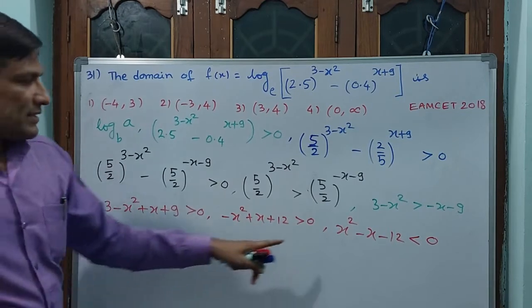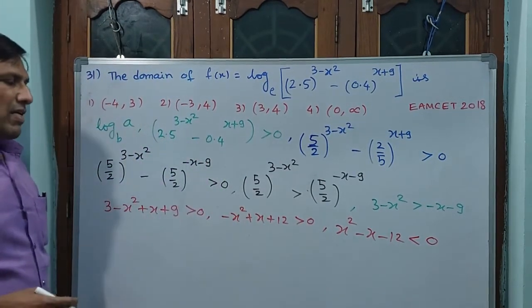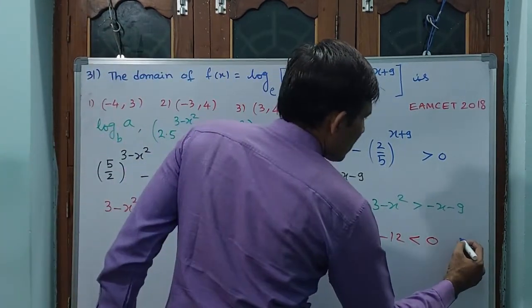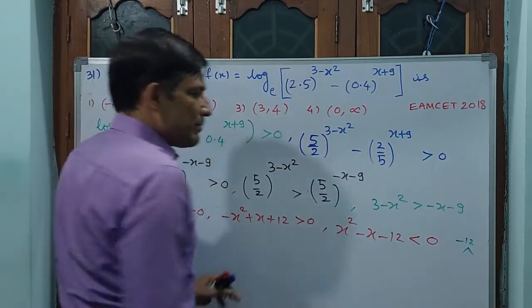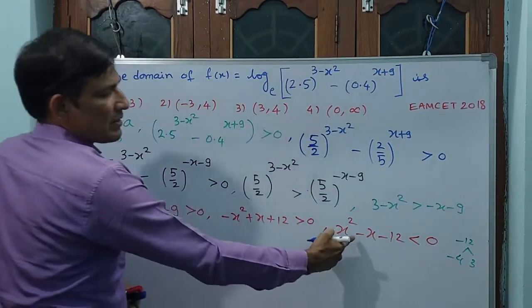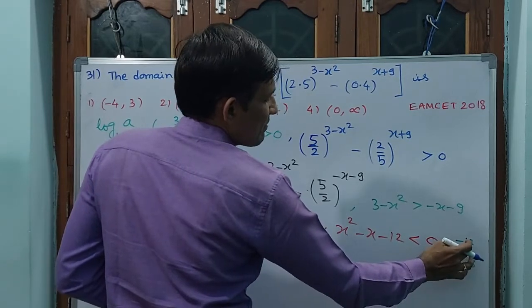X square minus x minus 12 like a quadratic equation, okay, like a quadratic equation. Now you separate it. 1 into minus 12 is minus 12, and what will be 4 into 3 is 12, minus 4 plus 3, okay, then minus 1 will come, minus 4 plus 3 minus 1, minus 4 into plus 3 minus 12, okay.